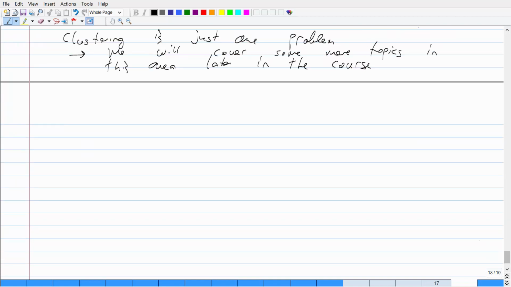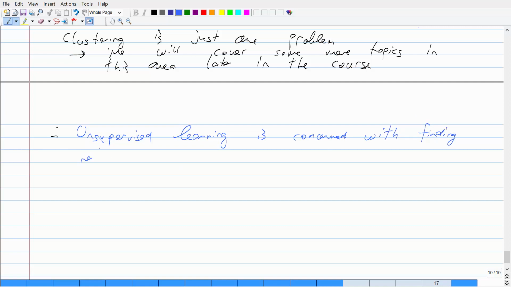So anyway, last but not least, let's end this by saying that unsupervised learning is concerned with finding relationships and grouping things together in a natural way.